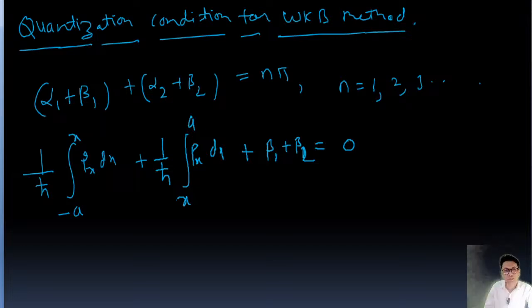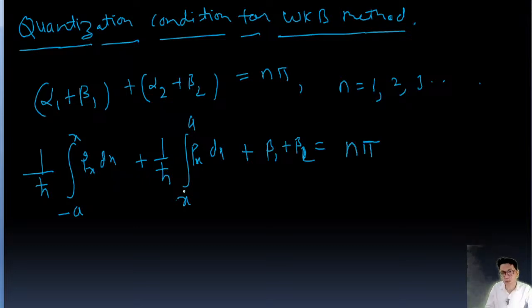So this is the condition, right? 1 upon h cut integral from minus a to x of p x dx, and 1 upon h cut integral from x to a of p x dx. These are the alpha 1 and alpha 2 values, plus beta 1 plus beta 2. This condition is going to be n pi, guys. Very important condition.